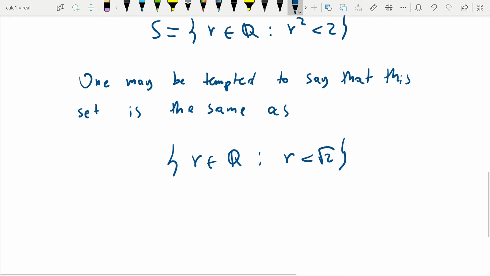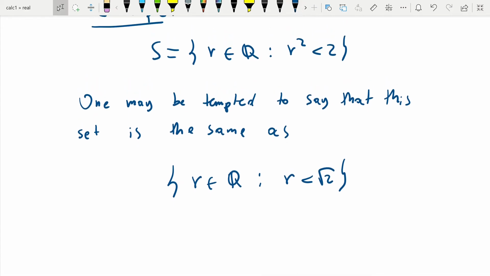So what is the problem with that? I mean, of course, if r squared is less than 2, then r is less than the square root of 2 and vice versa.